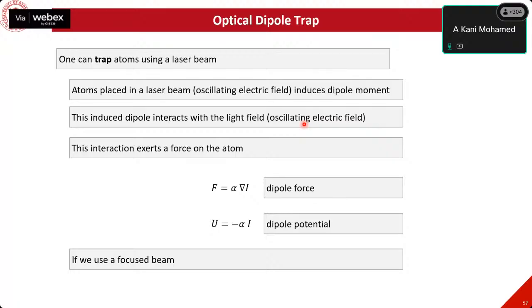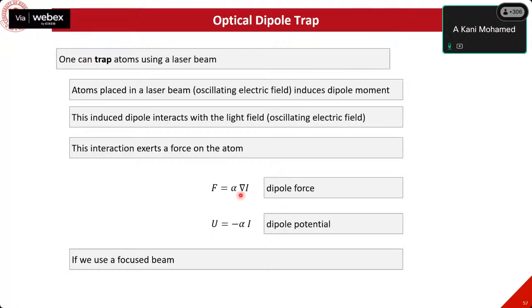This interaction of light and atom is going to exert a force on the atom. A dipole force will be exerted on the atom, and this dipole force is proportional to alpha times the gradient of the intensity. Alpha is the polarizability of the atom, and I is the intensity of the laser. If we have a uniform, plane wave kind of laser, we are not going to see any dipole force.